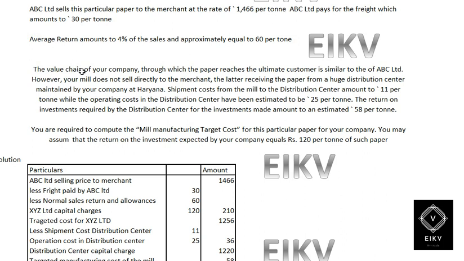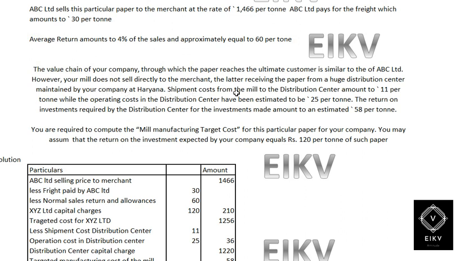Then they have given the details of your company. The value chain of your company through which it reaches the ultimate customer is similar to ABC Limited. However, your mill does not sell directly to the merchant. The latter receives the paper from the huge distribution centers maintained by your company at Haryana.